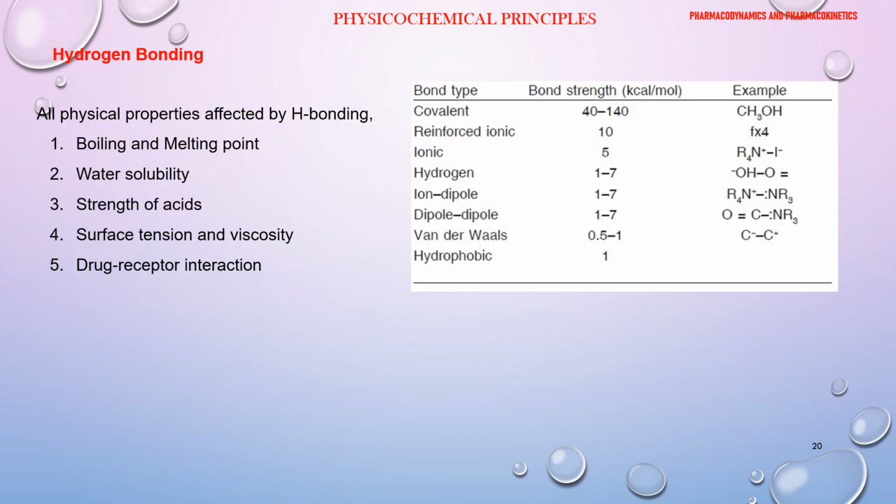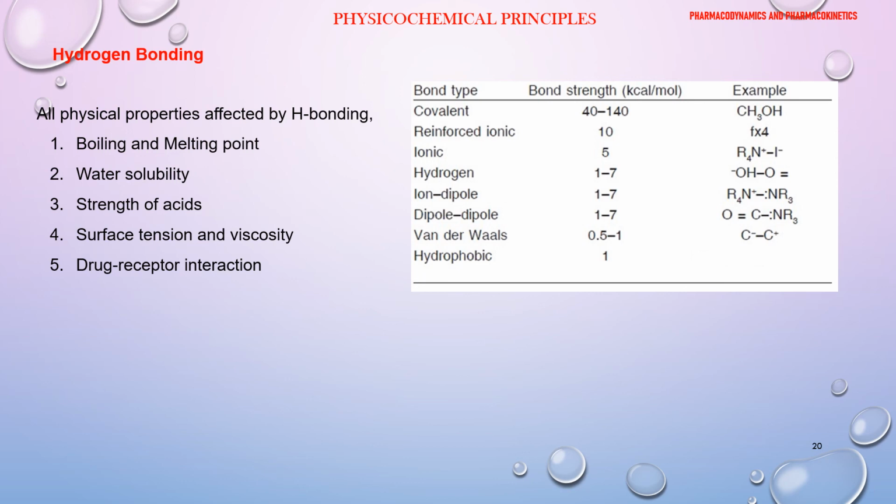Hydrogen bonding. The drug has many bond types. Example, covalent bonds, ionic bonds, hydrogen bonds, van der Waals, dipole-dipole bonding, etc. These bonds affect the drug-receptor interaction and also certain physicochemical properties of the drug.